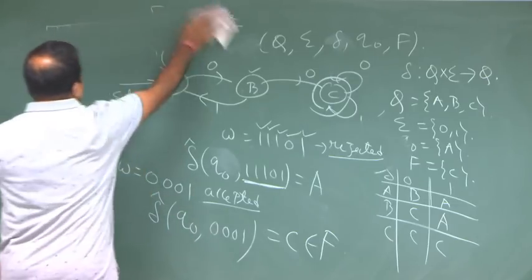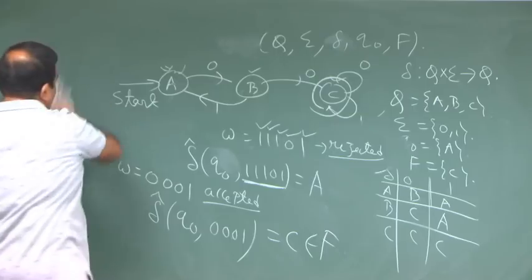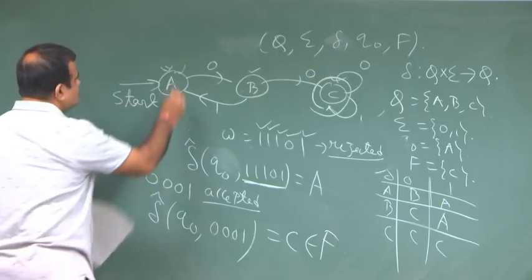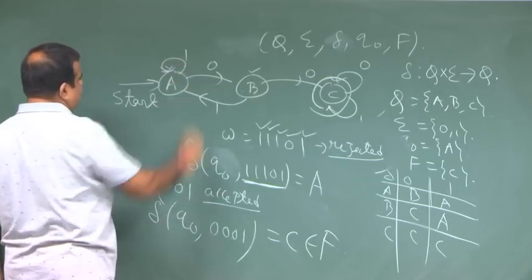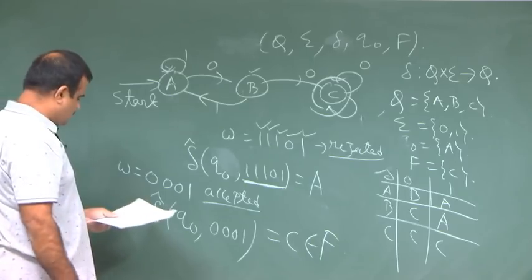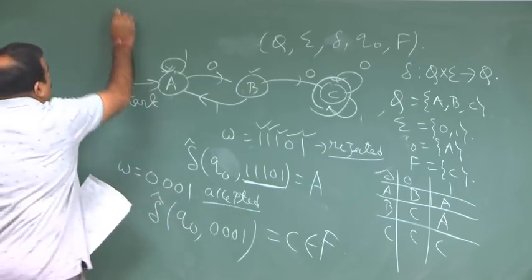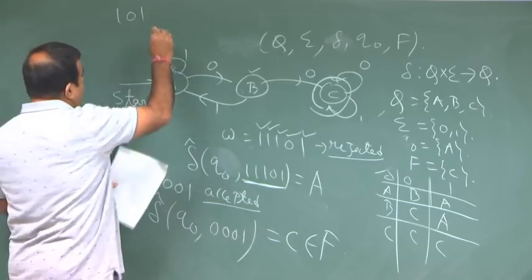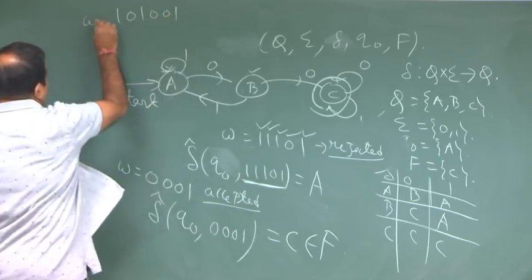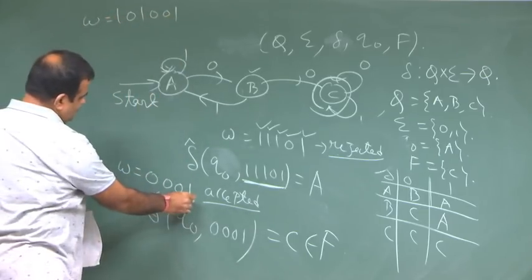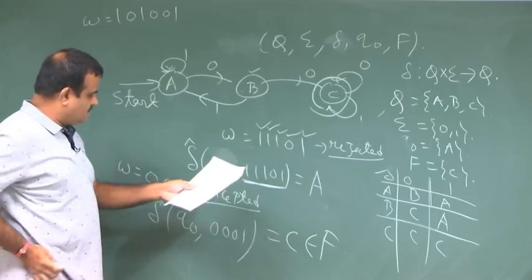So, what was the earlier string? We want to write the set of all possible strings which are accepted by this. So, whether we can write it or not. So, 1 0 1 0 0 1, this was accepted, then this is accepted, this is not accepted.